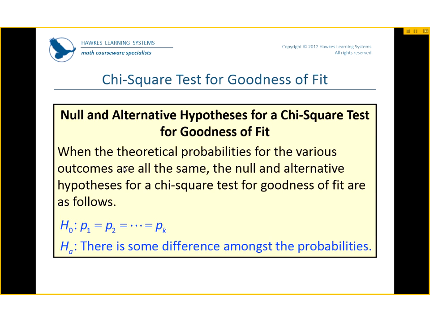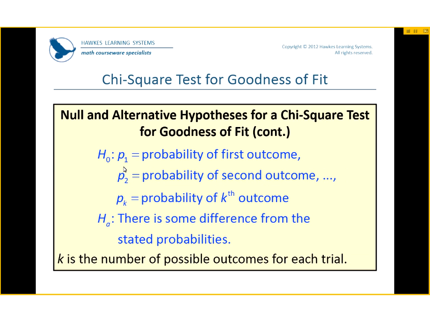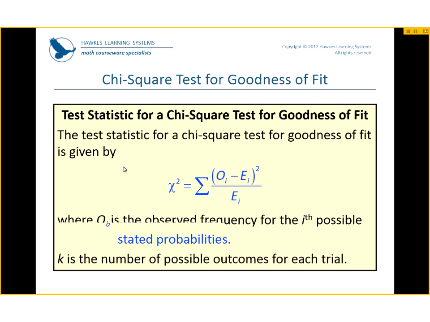Your alternative is that there are at least some differences among the probabilities. If the probabilities aren't the same, the null would be that the probability of category 1 is this, the probability of category 2 is this, all the way to the last category. And again, your alternative would be that there are some differences from the stated probabilities.